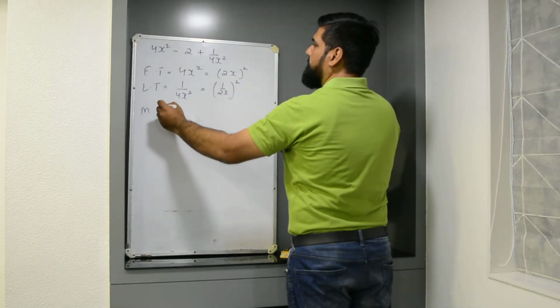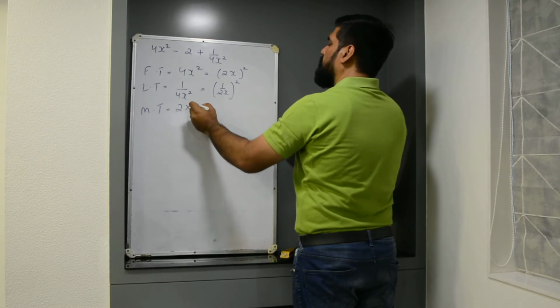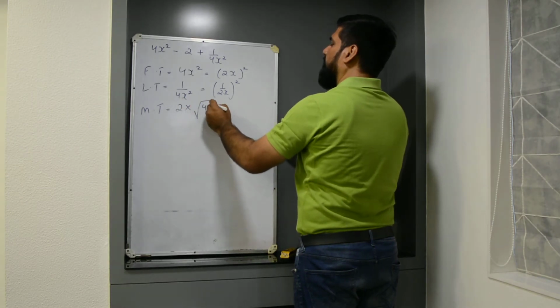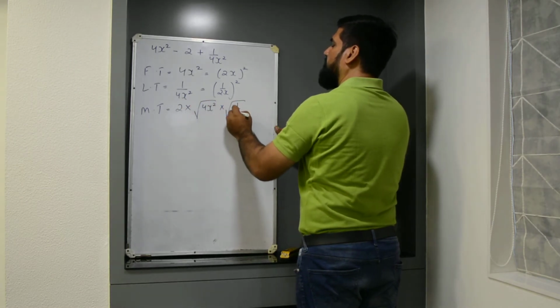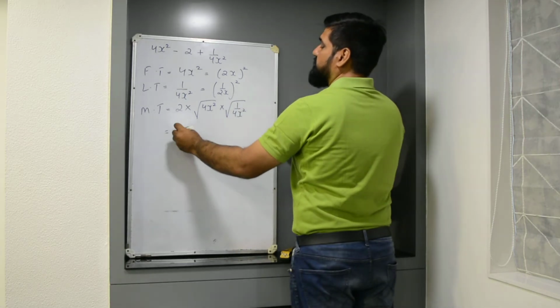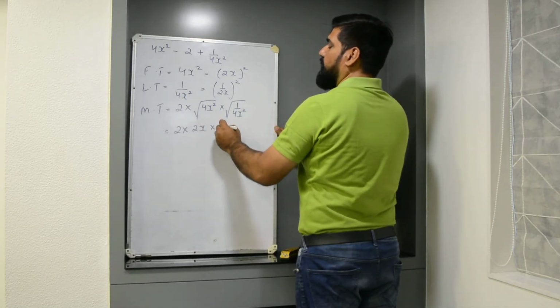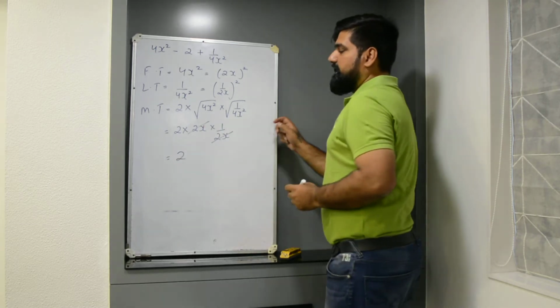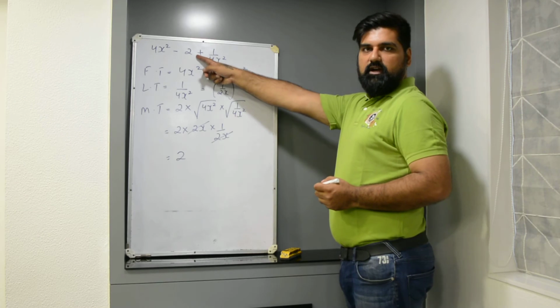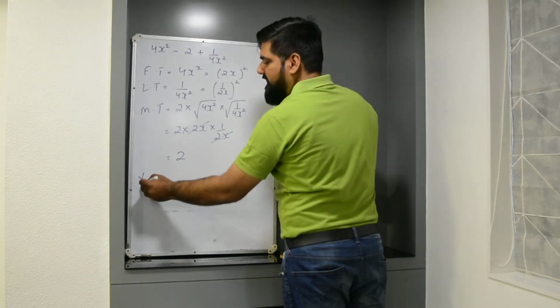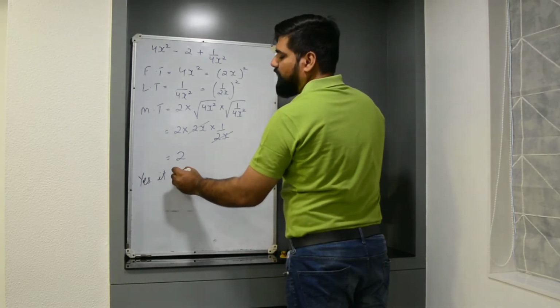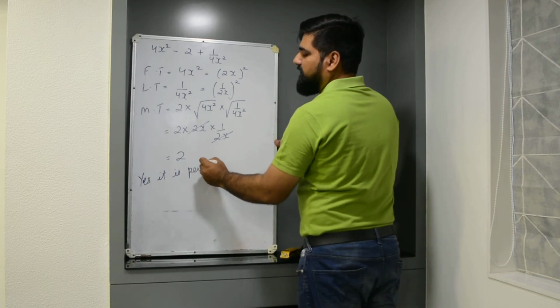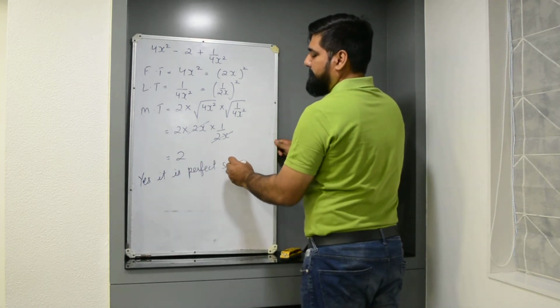And the middle term: 2 into the square root of 4x² multiplied by the square root of 1/(4x²), which is 2 into 2x into 1/(2x). So this 2x will get cancelled, and we will get 2, which is equal to the 2 given to us, and that is why yes, it is a perfect square.